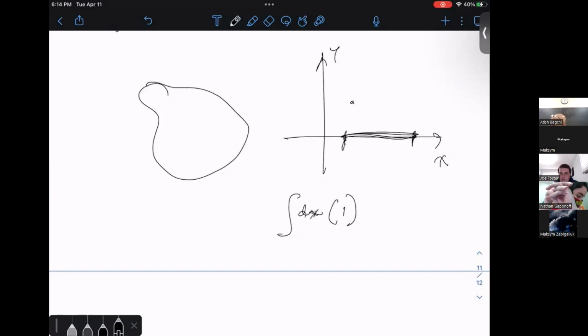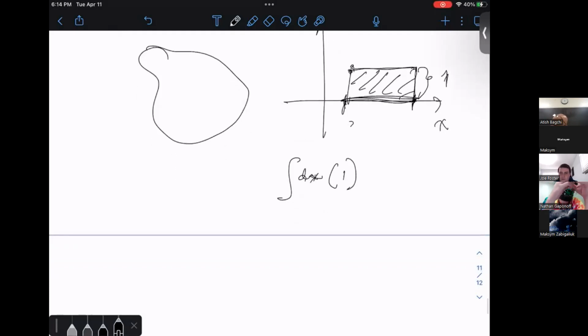The constant function 1, because what we are finding effectively is the area under this curve. But the area under this curve, if the height is equal to 1, is actually the length. Not fitting in my head at all.